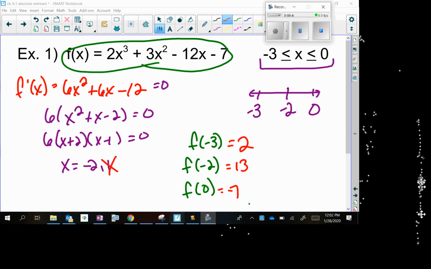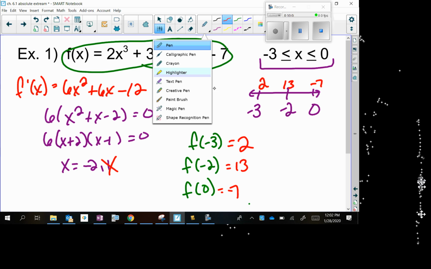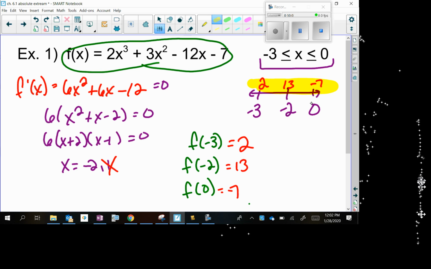Okay, so we got f of -3 is 2, f of -2 is 13, f of 0 is -7. Everybody agree with those numbers? So just looking at these numbers now, what is the highest? f of -2 is 13, right?